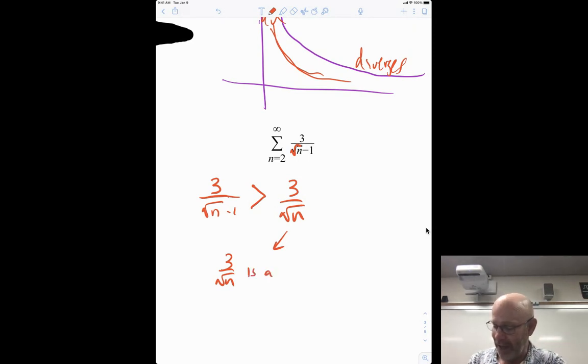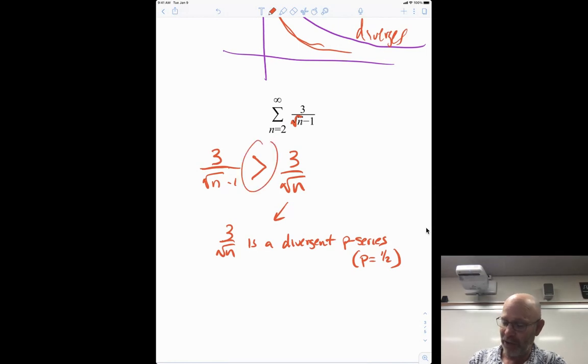This is a divergent p-series, p is equal to 1/2, less than 1, diverges. So now I have something that's greater than a divergent series, which means it has to diverge also. So then I say, therefore, 3 over root n minus 1 diverges.